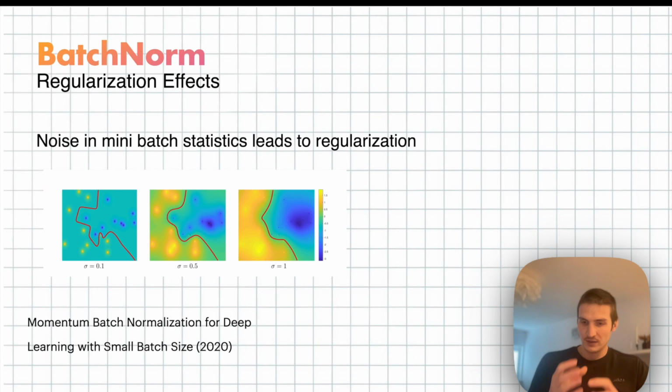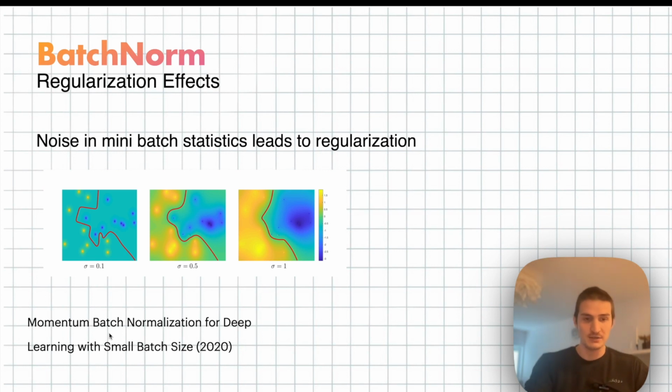And the fact that these statistics are different from batch to batch also adds another interesting property to our batch norm layer, that is basically regularization. So we've talked about regularization before in some of the previous videos, but basically regularization is a way of limiting the predictive capacity of the model just a little bit to prevent it from remembering specific examples in the data, thus hurting the train loss a little bit, but improving the generalizability of the model.